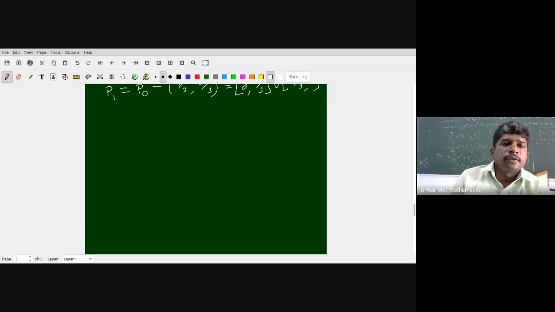The second process is the same thing. We do it in the remaining part. P2 is the set obtained from P1. So P1 is nothing but [0, 1/3] and [2/3, 1].